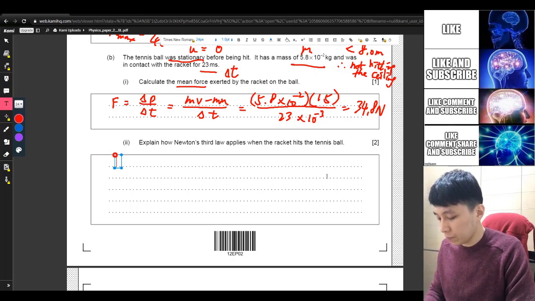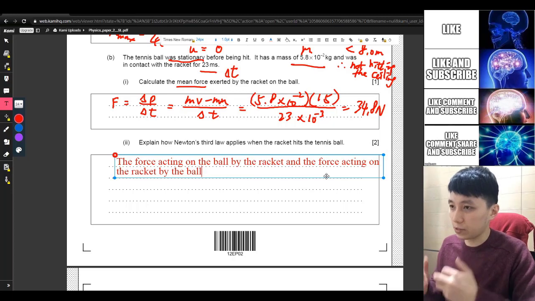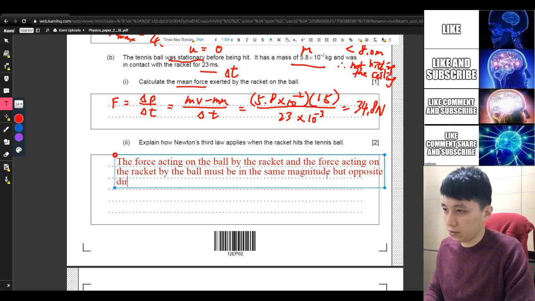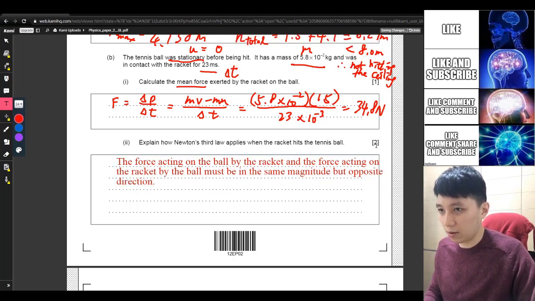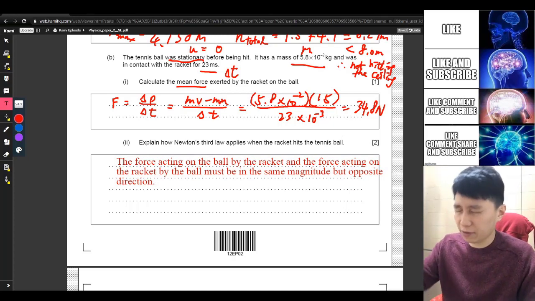It's definitely saying that the force acting on the ball by the racket and the force acting on the racket by the ball must be of the same magnitude but opposite direction. I think that's it, right, for 2 marks. I will check the answers by the very end after I finish the whole paper.